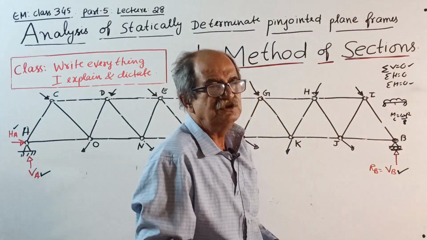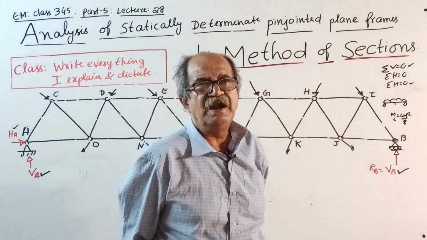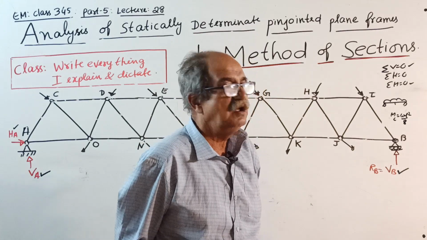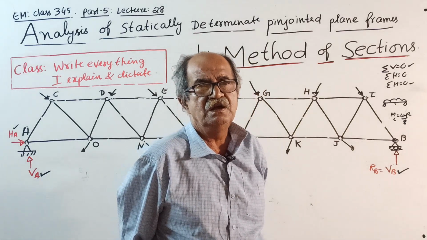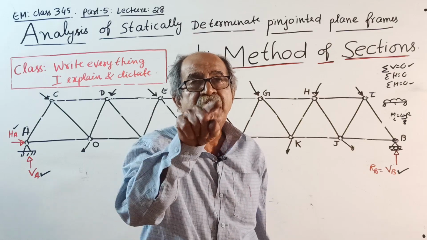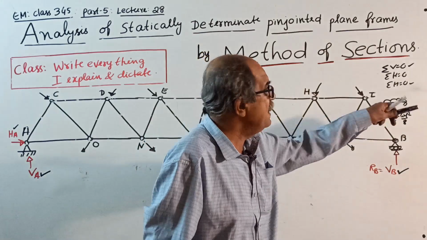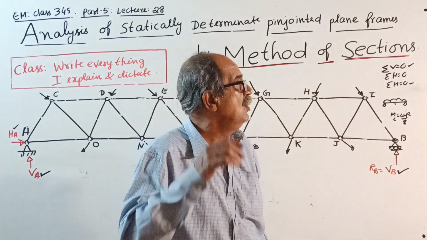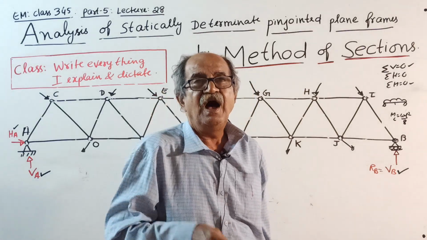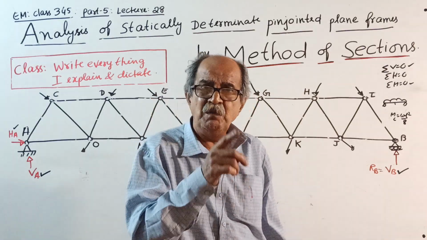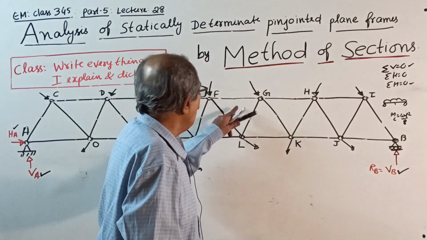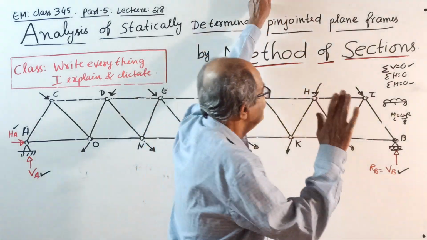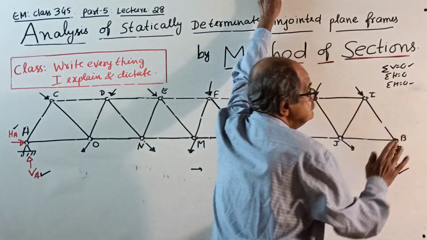I will tell them, sorry boss, moment at center is 0. They will tell, what fool you are? What 0? WL square by 8. I will tell, that is bending moment. You are telling moment. Moment at every point equal to 0, equilibrium. Oh, yes. I never call moment, I call bending moment. I never call force, I call member axial force. Okay, leave it. This all I will tell later.